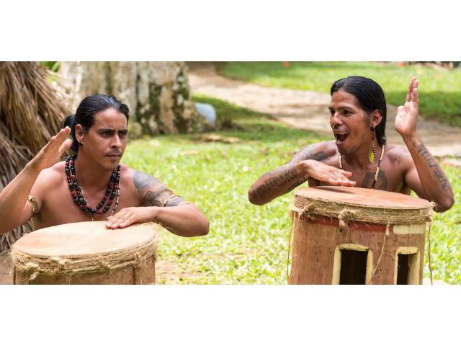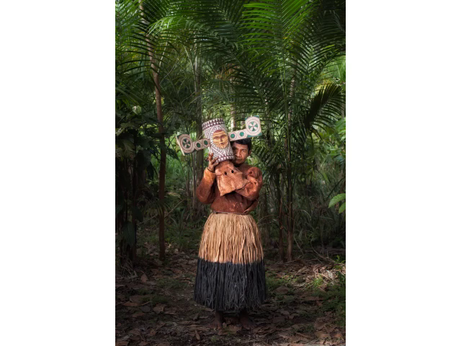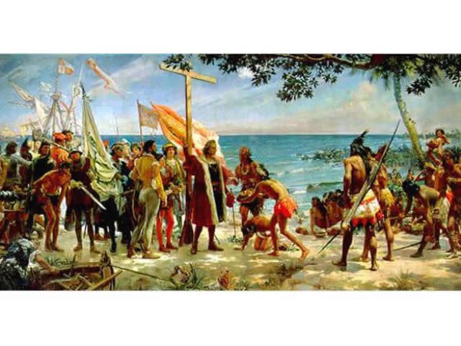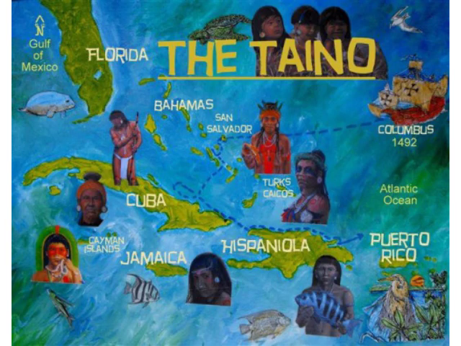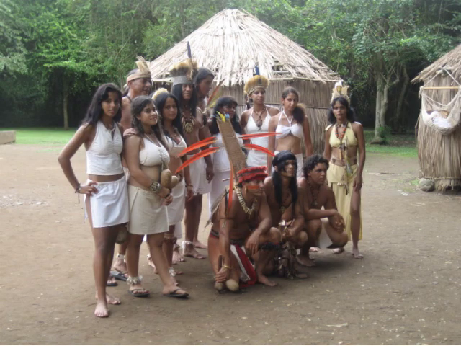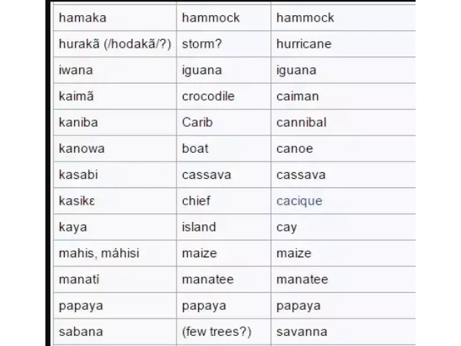Some notable languages include, probably the most notable one, Taino, although now extinct. It was the first language of the Americas for Europeans to come in contact with. It's native to the Greater Antilles islands of the Caribbean, which include present-day Cuba, the Bahamas, Jamaica, Haiti, Dominican Republic, and Puerto Rico. As a result, a lot of words in both English and Spanish are of Taino origin.